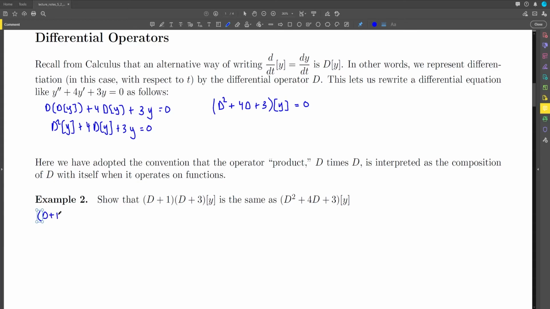This is D plus 1 acting on D plus 3 acting on y. Now, D plus 3 acting on y, we can rewrite that as Dy is y prime, and then 3 times y, so this is y prime plus 3y.